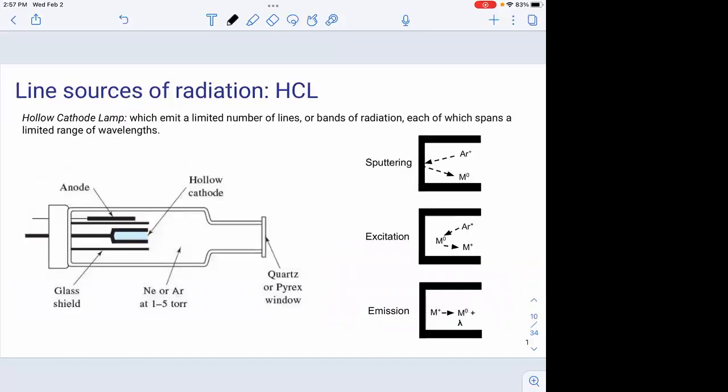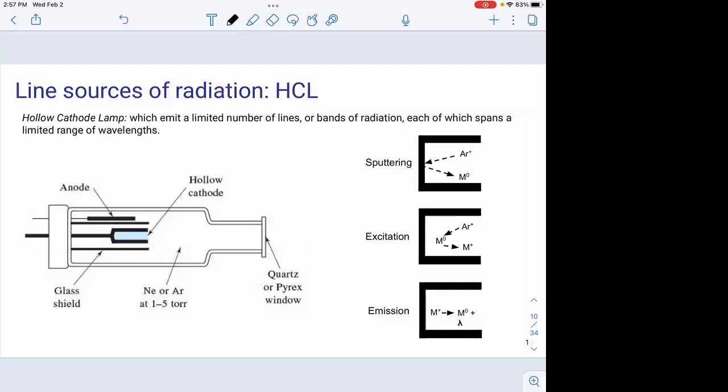Before we do that, I want to come back to hollow cathode lamps, just in case you've never encountered one before. So atomic absorption techniques are really highly specific because atomic absorption lines are super narrow, and because electronic transition energies are unique. And so we use a hollow cathode lamp, which emits a really limited number of radiation lines or bands.